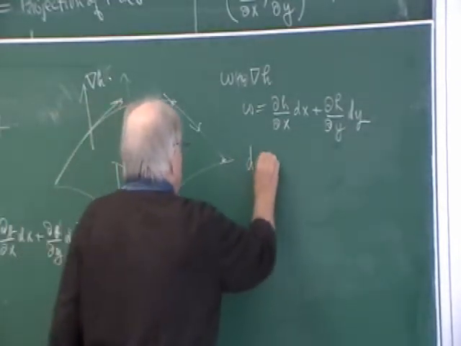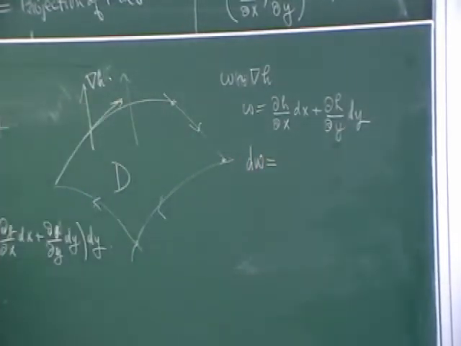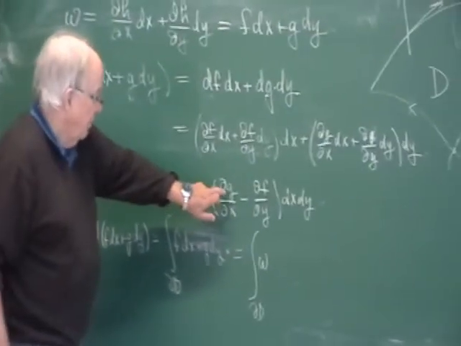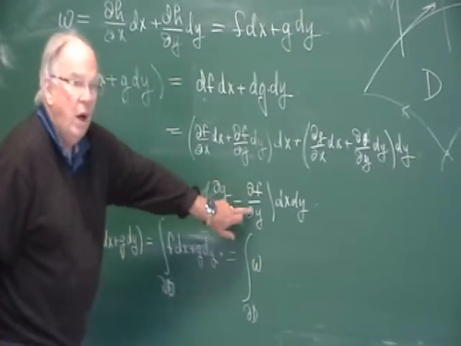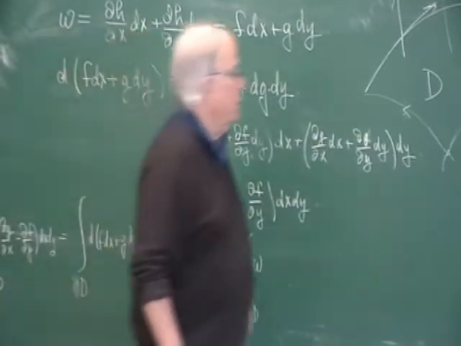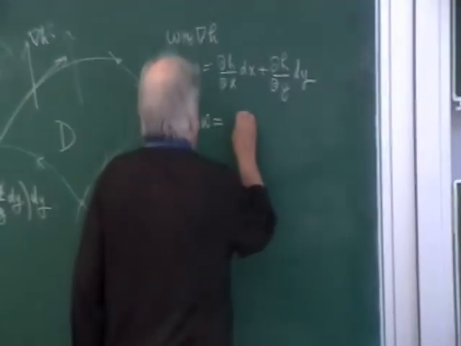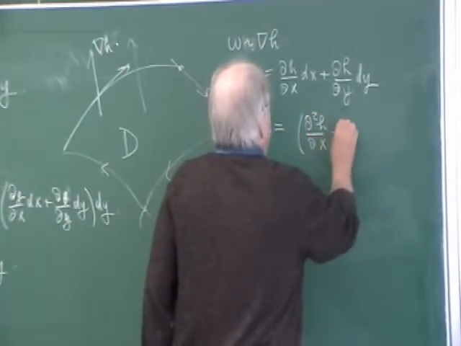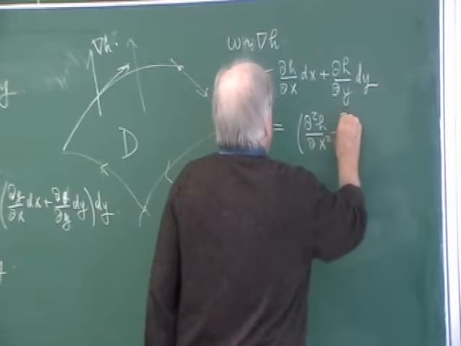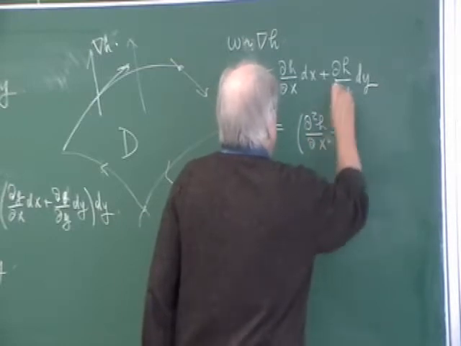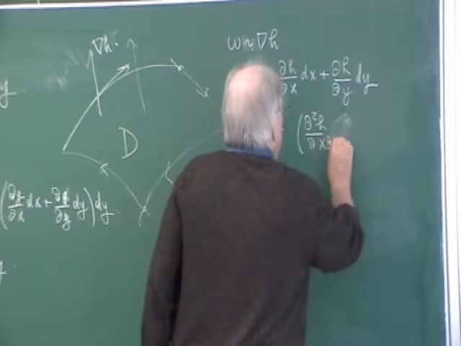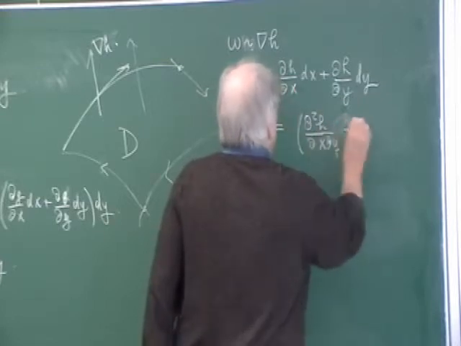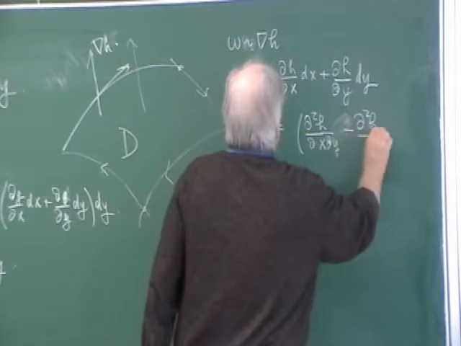D of omega, what does our law show us someplace? I've gone very quickly here. It's partial g in x minus partial f in y. Okay? So that is partial g in x, that's g here, right? Minus partial f in y.